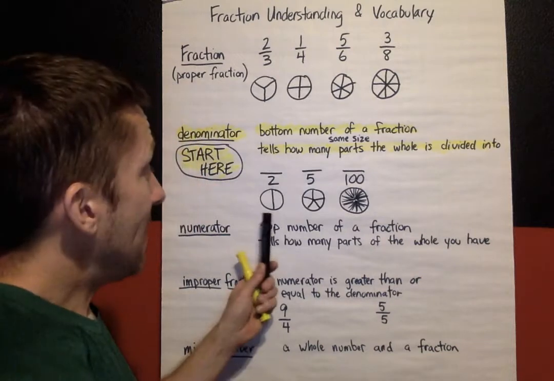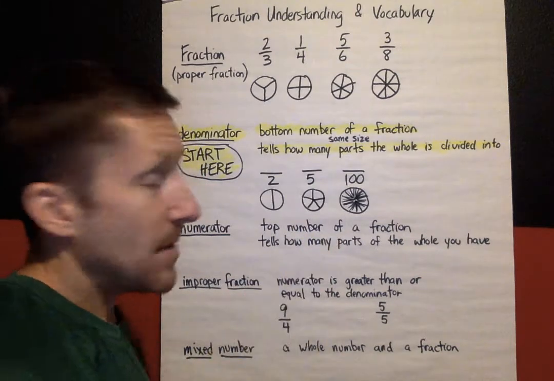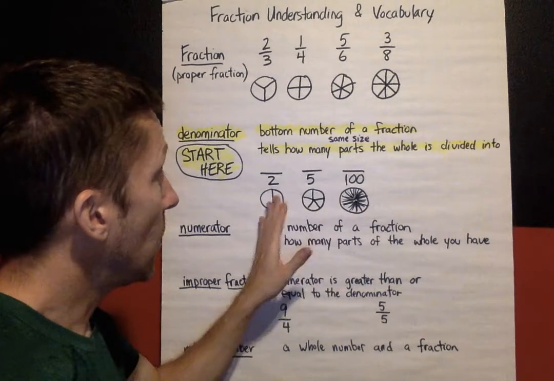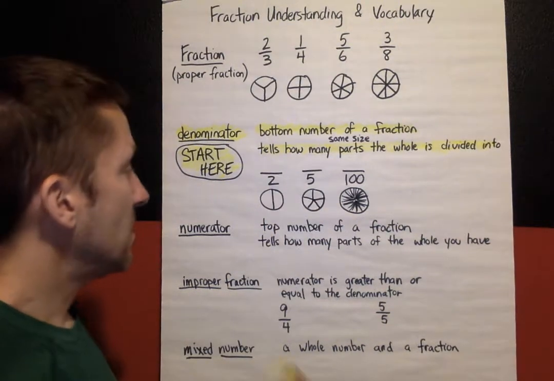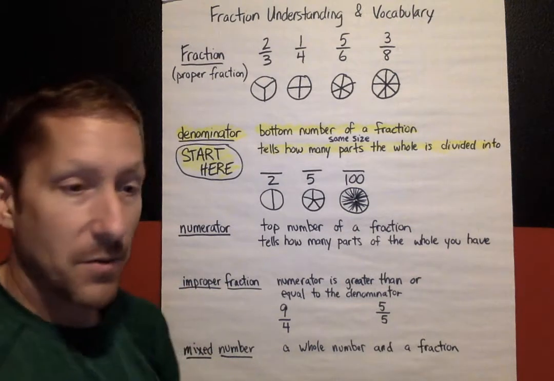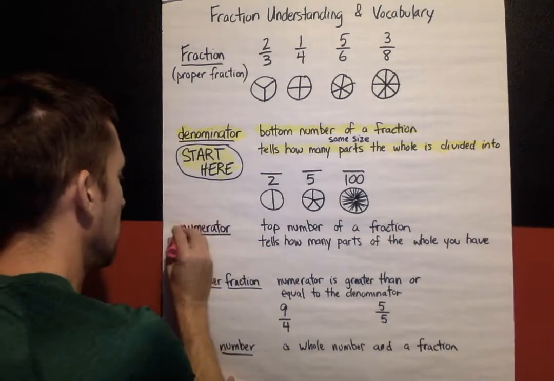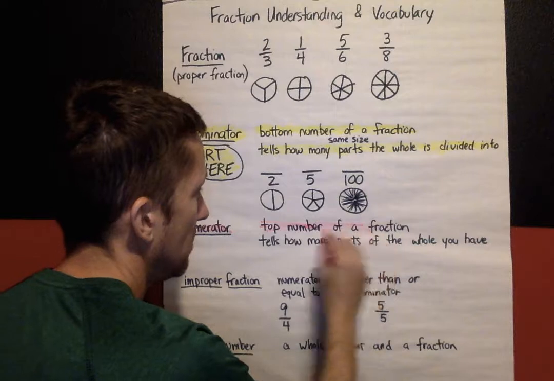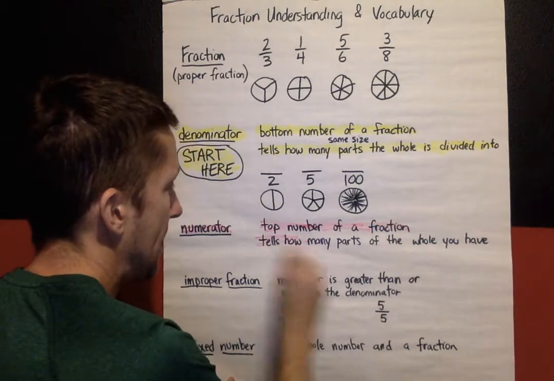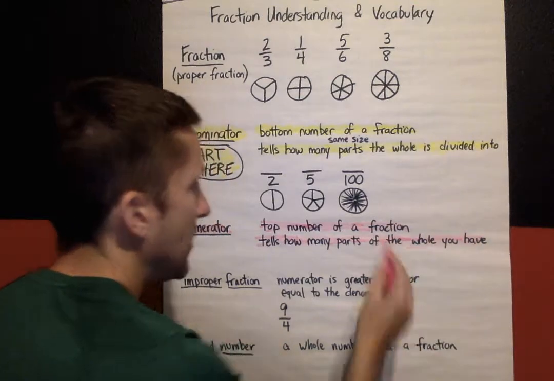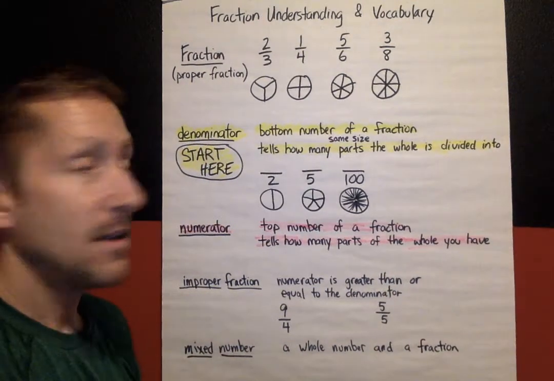Okay, so after you have thought about the denominator and you know that that's how many slices are in one whole, then you can look at the numerator. It's the top number, and the numerator tells you how many parts of the whole that you have.